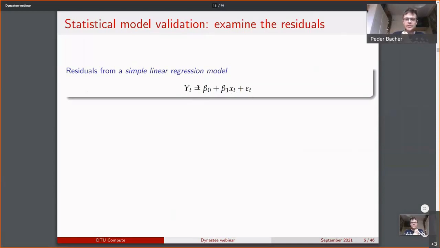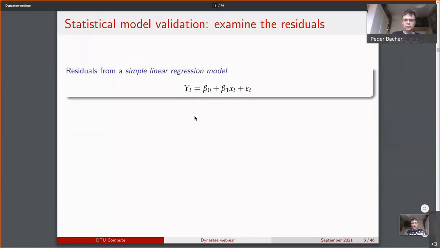When we formulate time series models, we always use the t. So at time t we have an observation of y, a value for x, and for the error.